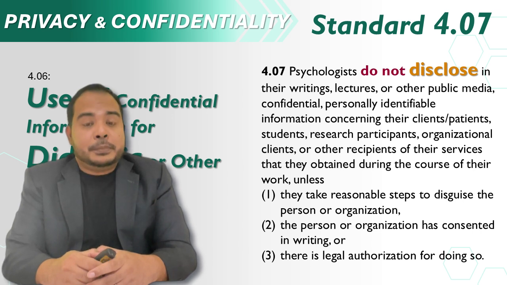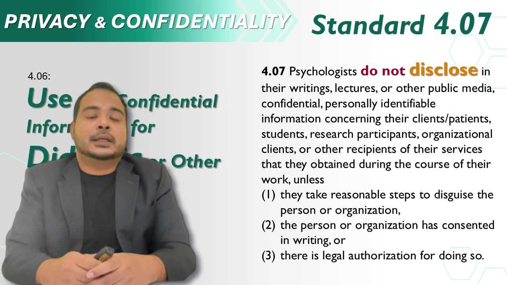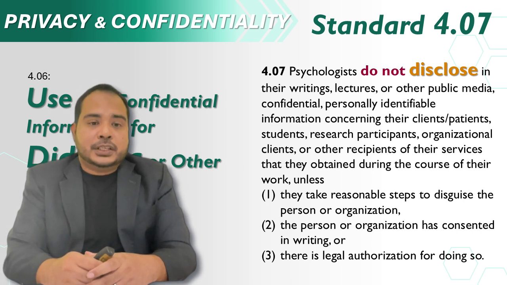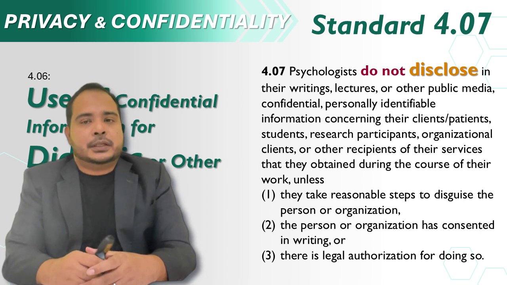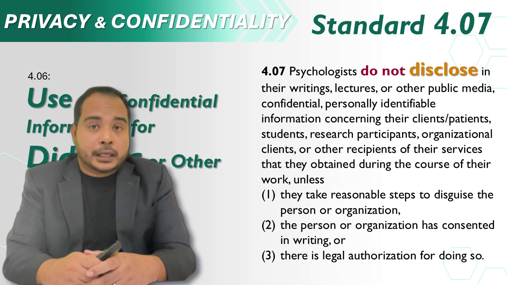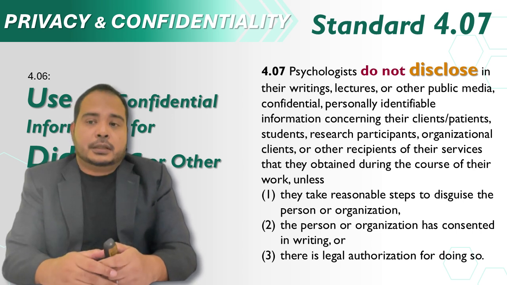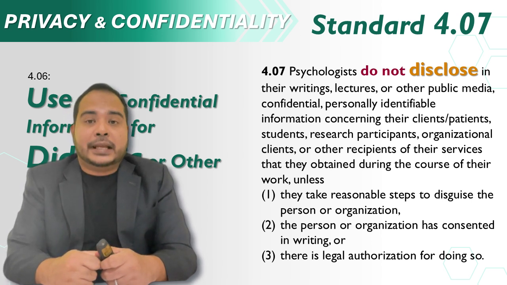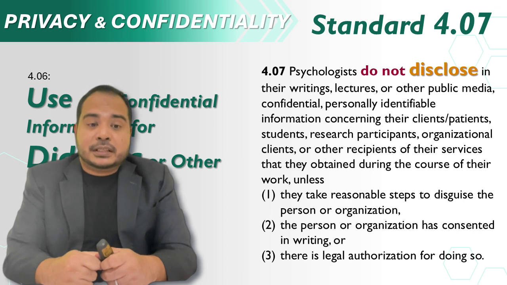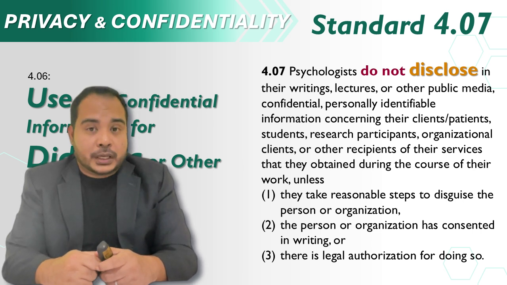We are prohibited from revealing confidential, personally identifiable information that we obtain through our professional work, unless specific protective conditions are met. Personally identifiable information includes information such as names, demographic information, medical or psychological data, family history, workplace or school identifiers, unique personal events, or even geographic location.